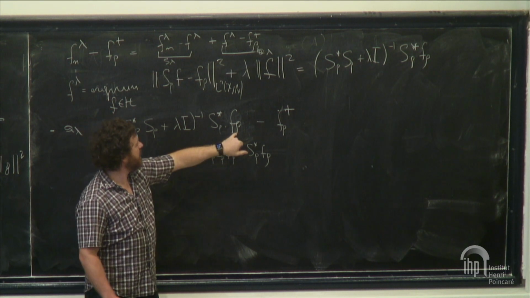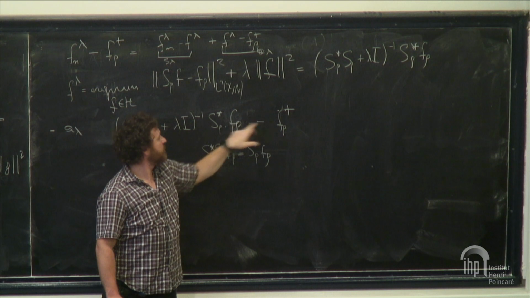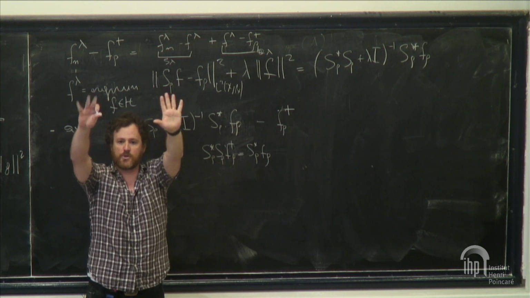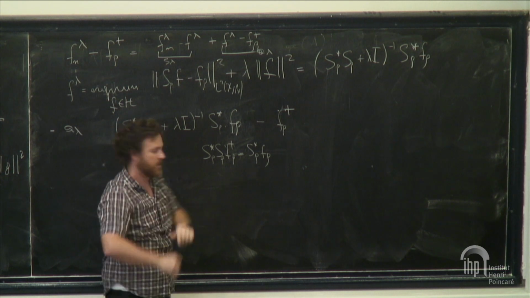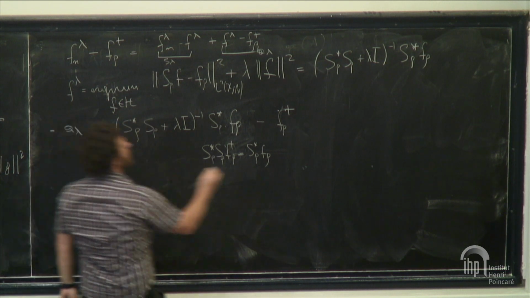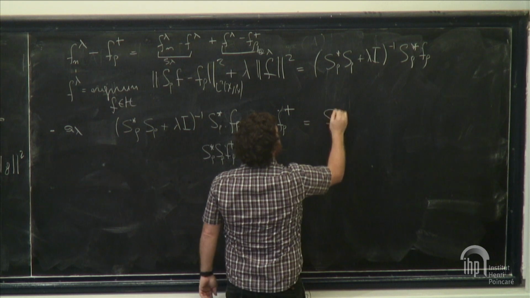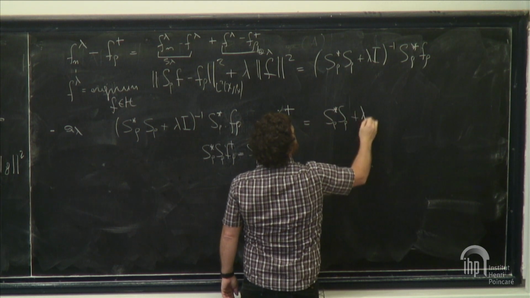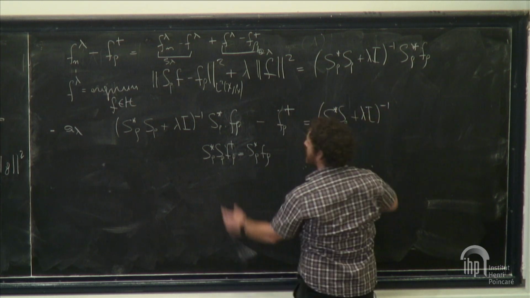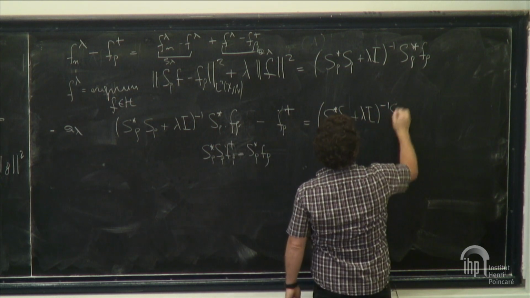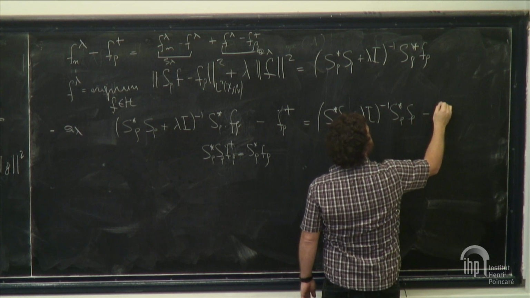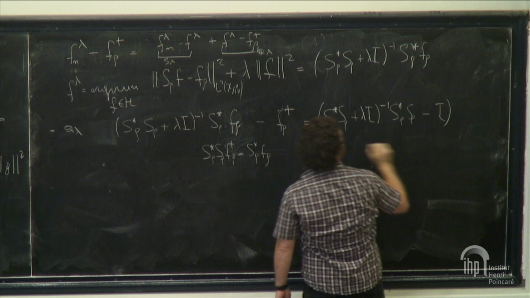And then you see that I have f rho and f here, and I also have it there. Remember that f rho is the true solution, f dagger rho is when I project it. So let me write it. What you get is S star rho plus lambda I to the minus 1. I plug this in here. I get S star rho S star minus identity.